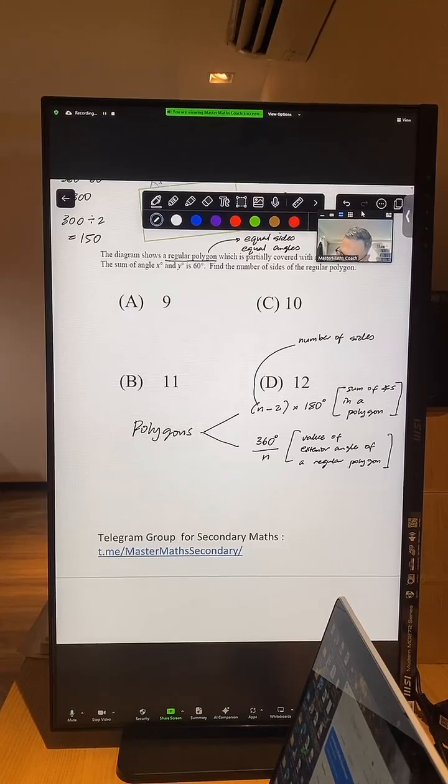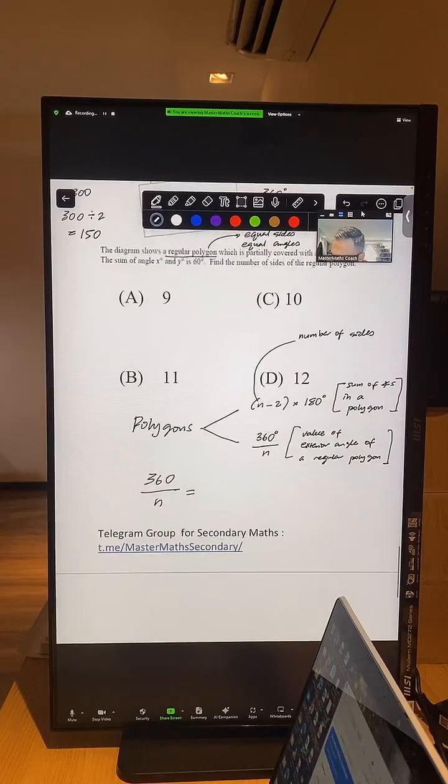So 360 over n equals 30. So what is my n going to be? N is going to be 12.